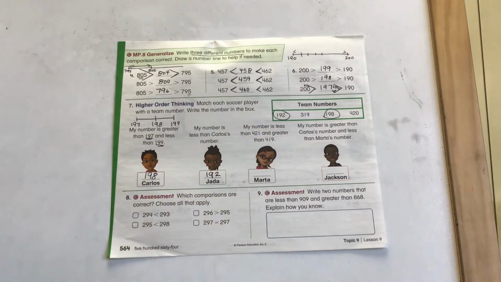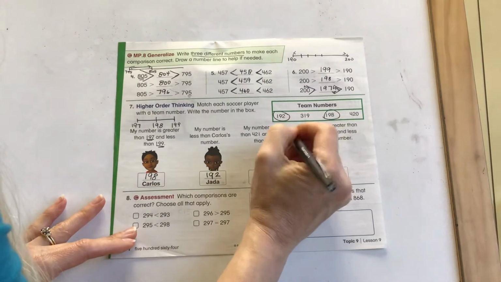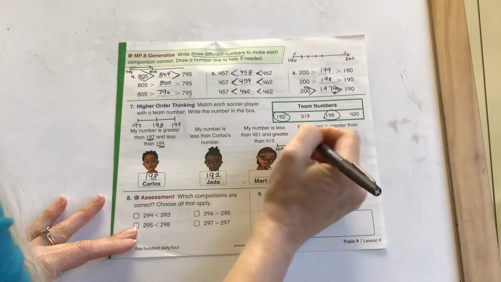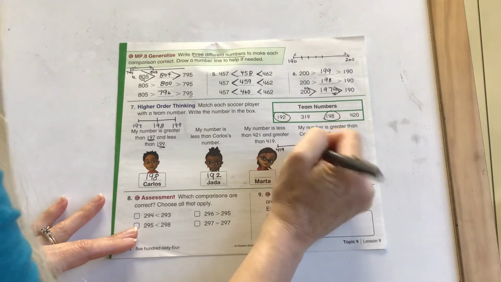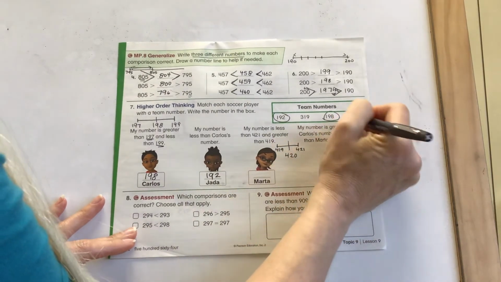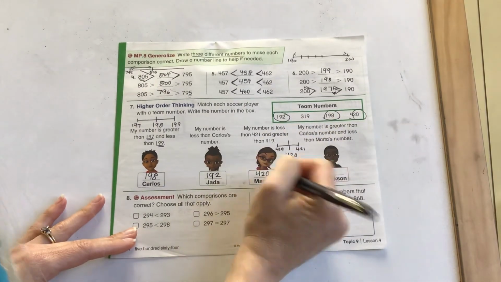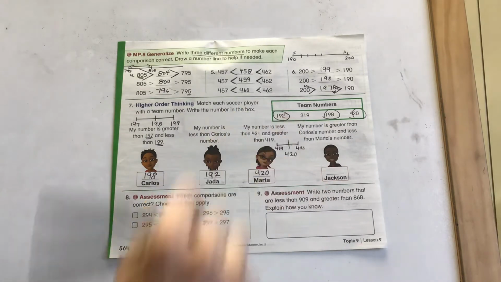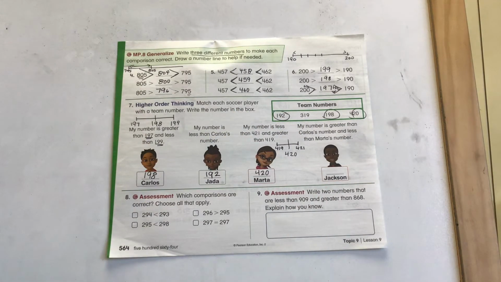Okay, for Marta, it says my number is less than 421 and greater than 419. So if we take a look at that, that's 419 to 421. We only have really one option there. That would have to be 420. So I'll put 420 here. And then by default, we know we've got 319, but let's just double check it.